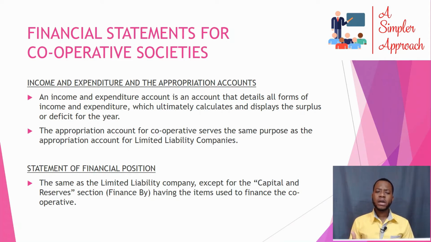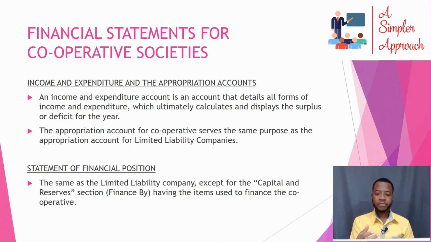Now, the income and expenditure account is different from the income statement because it only outlines all forms of income and all forms of expenditure. And the appropriation account takes care of the stuff just like the limited liability companies. Stuff like transfer to reserves, payment of shares, and stuff like that.